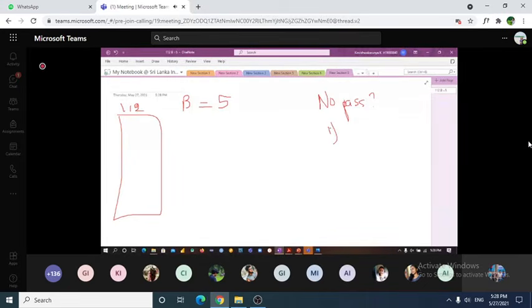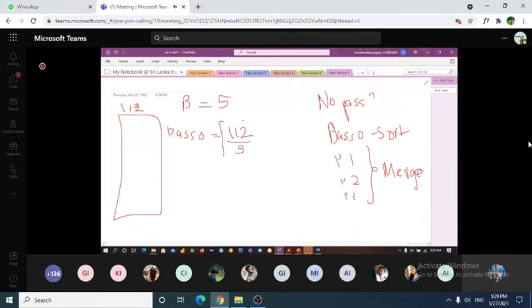To sort, we use all the buffer frames. So write pass 0: 112 divided by 5 and the ceiling value of that. Why? You can't leave a file in half. So you will get 23 files.